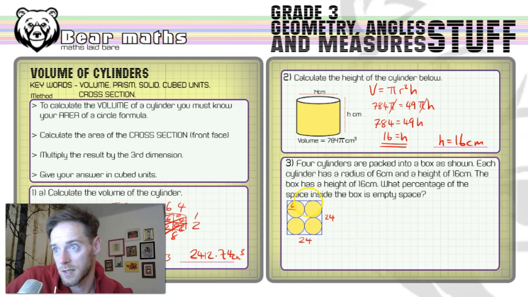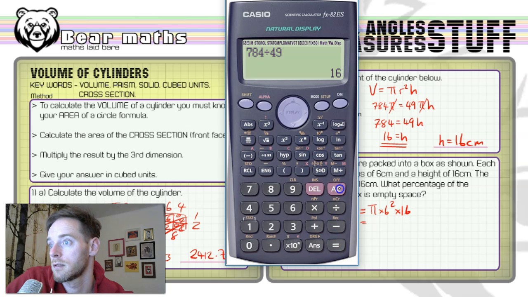Now, this is just a case of working out what the volume of each cylinder is. So we've got the volume equals pi multiplied by 6 squared multiplied by 16. That's the volume of one cylinder, because it's the area of the front face multiplied by 16, which is the height. So I'm going to get my calculator in to do that.